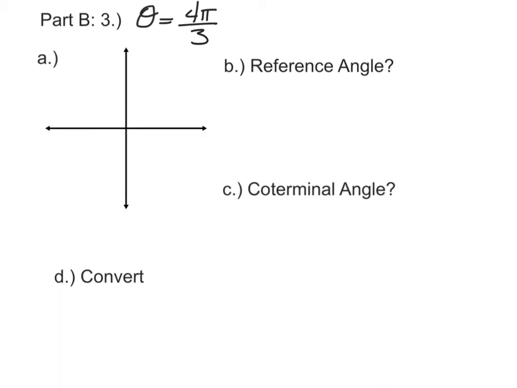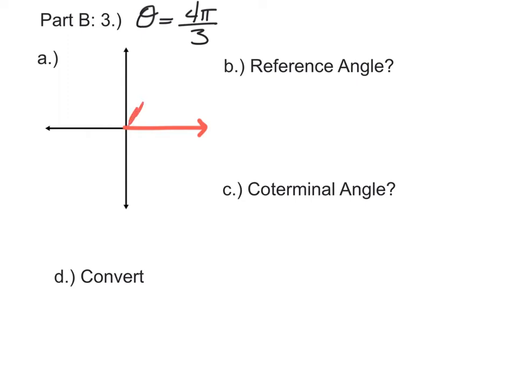Still, if we're going to graph it, the initial side is on the positive x-axis, and our terminal side now has to go 4 pi over 3's around the circle. I always think of an angle like 4 pi over 3 as being 4 pi over 3's. And then a pi over 3 takes the top half of the unit circle and divides it into thirds.